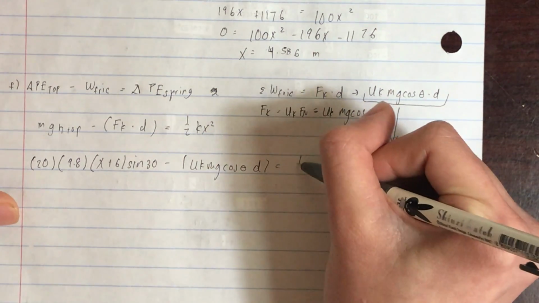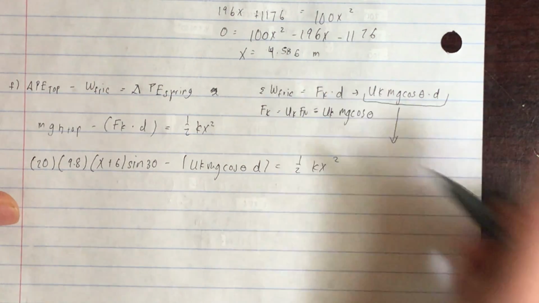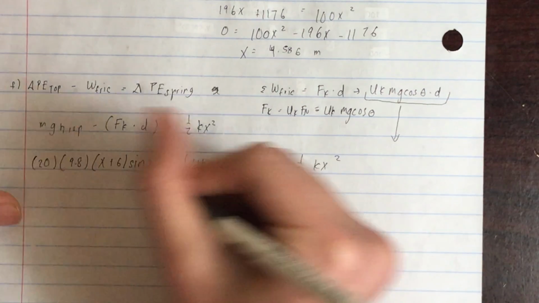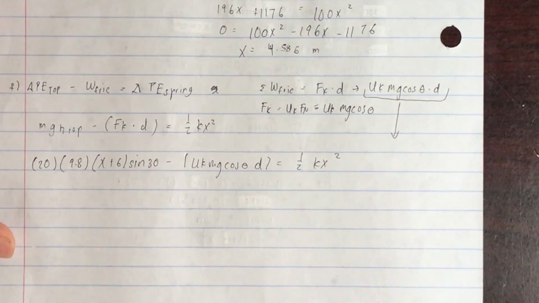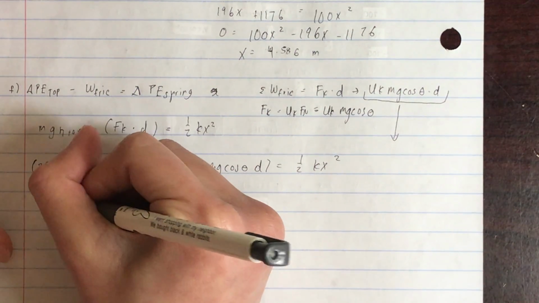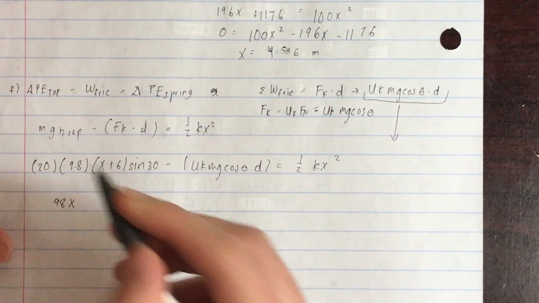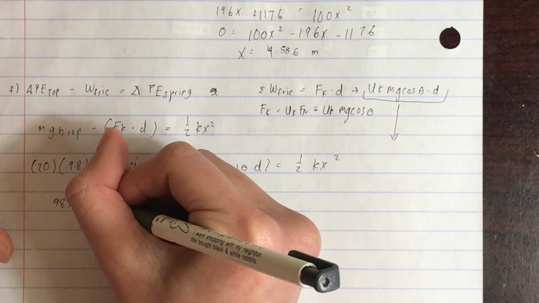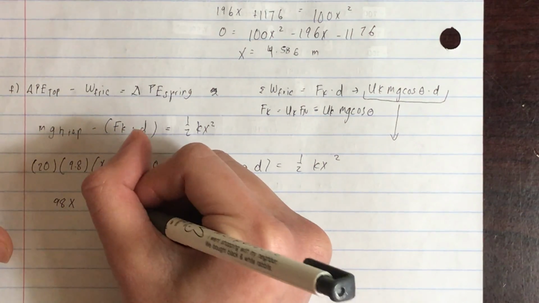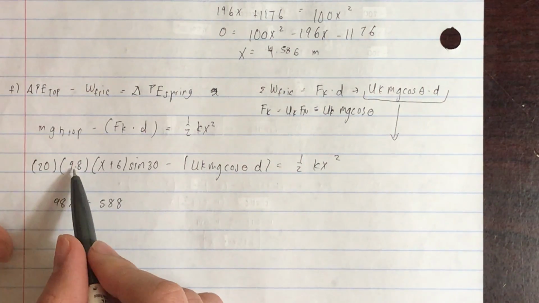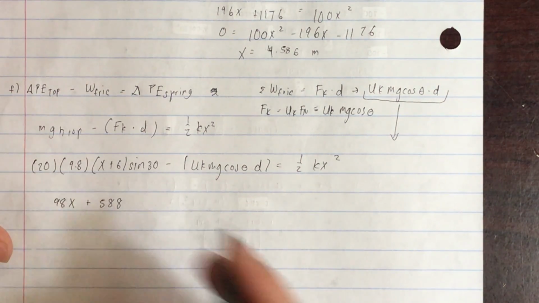And all that is equal to 1/2 kx squared. So we have 20 times 9.8 times x times sine of theta, which is the same as 98x, and then 20 times 9.8 times 6 times sine of theta is 588. That's where we're distributing everything for this term.